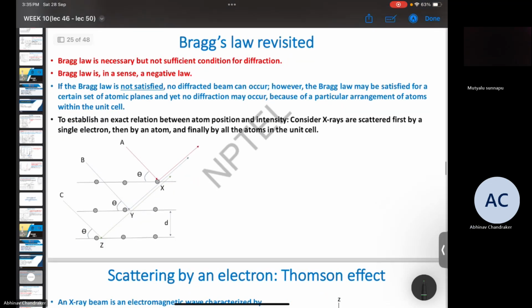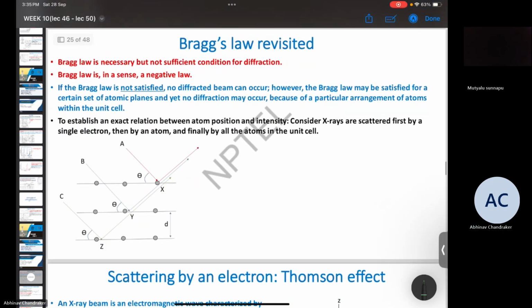So we know that Bragg's law is satisfied at a particular angle, but there is another aspect to Bragg's law, and that is that it is not necessary that if Bragg's law is satisfied for a particular angle, then diffraction will happen at that angle.